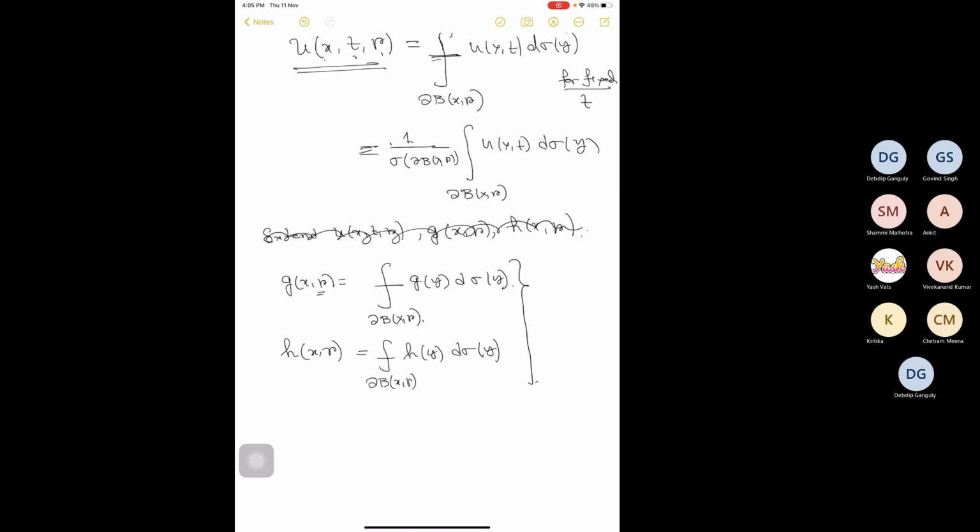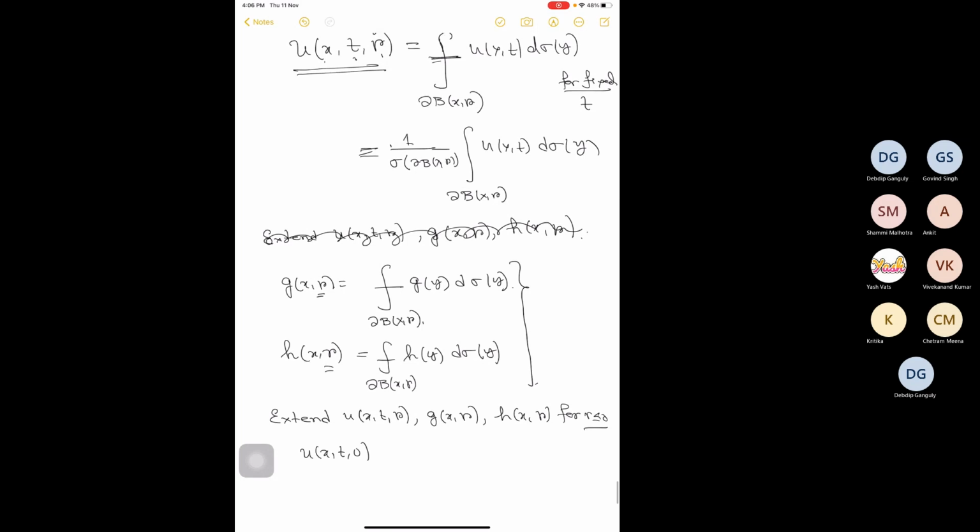Now I have to extend these functions for r negative: U(x,t,r), G(x,r), and H(x,r) for r negative. How to define? For r equal to 0, you define U(x,t,0) as u(x,t). And the rest, U(x,t,r), is the even reflection. That means it is U(x,t,-r) for r negative.